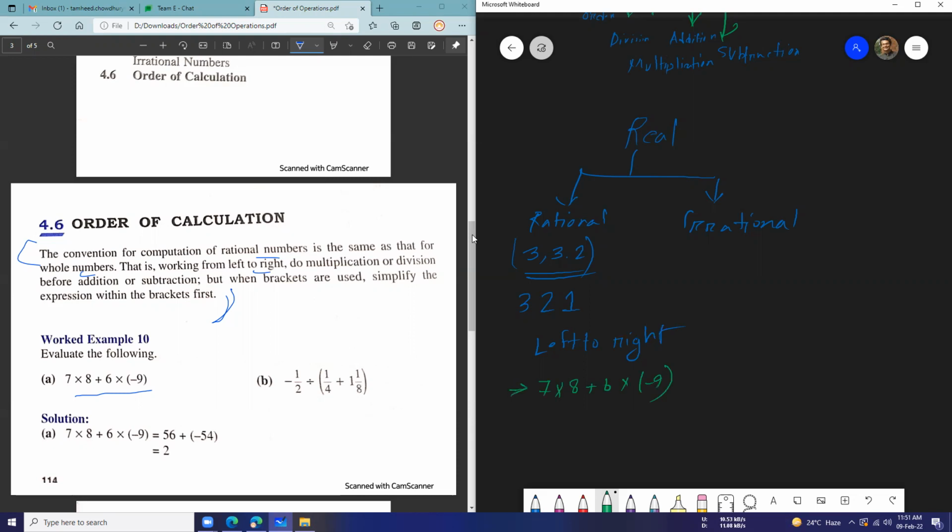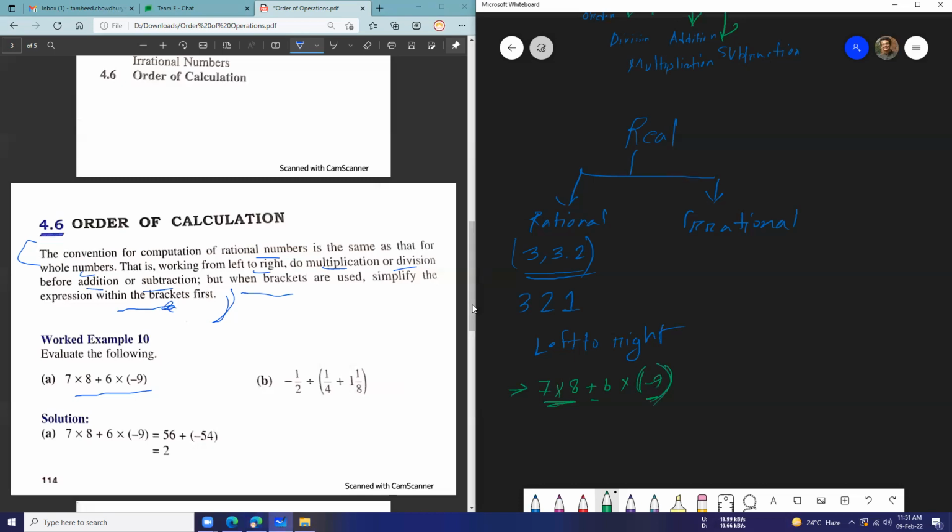Do multiplication or division before addition or subtraction. That says that we do the multiplication before the addition and subtraction. But when brackets are used, simplify the expression within the brackets first. When the brackets are used, you do the brackets first.